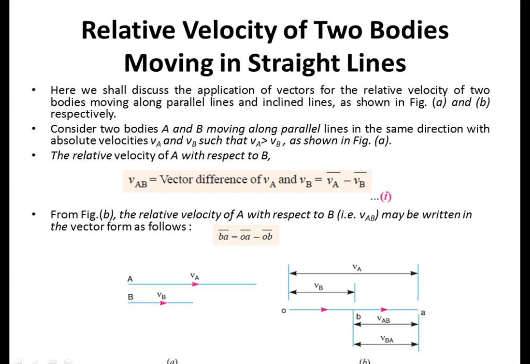Then what will be the final vector, this BA vector? It is nothing but OA minus OB, right? OA minus OB is nothing but vector BA. That is nothing but VAB, the vector difference of VA and VB. You can see that is the BA vector, or VBA.